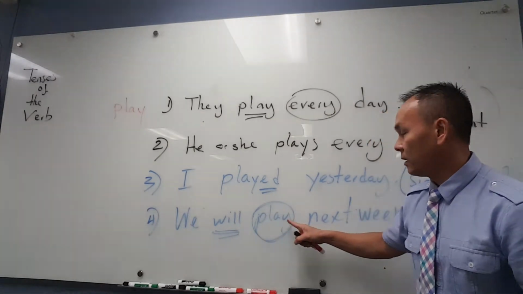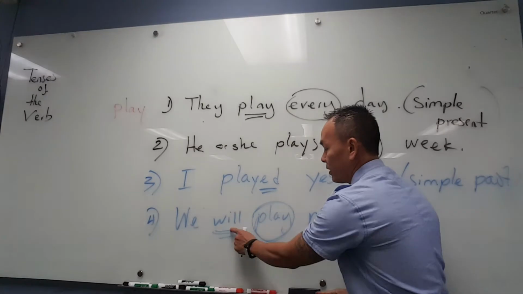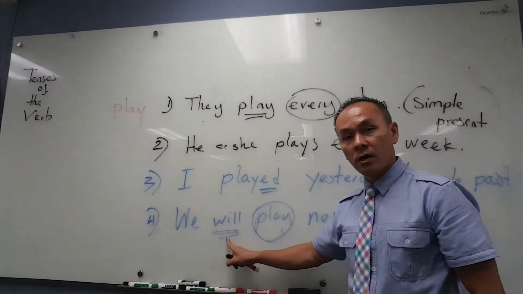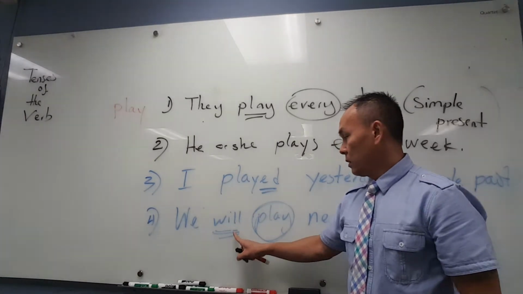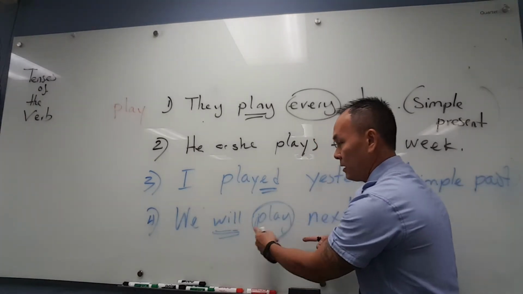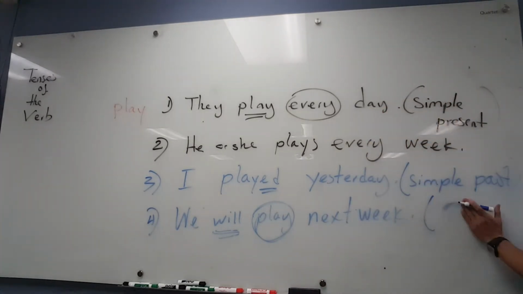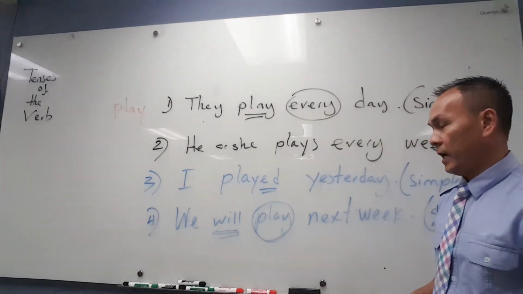You have a subject, which is we, then you have two verbs. The main verb is play, but you need to have a modal auxiliary verb. You need to have will. So will, together with play, we say future tense. So this is called simple future. Simple future. Okay? Will play.